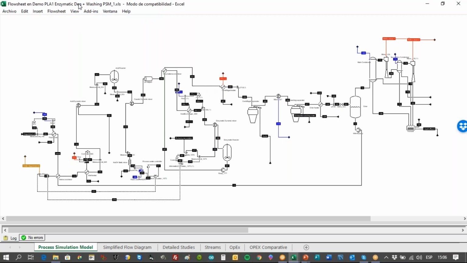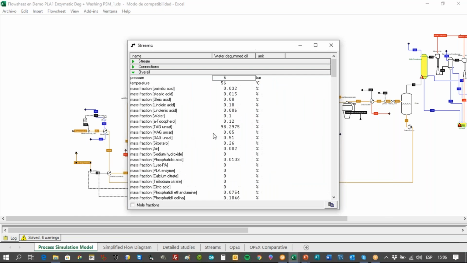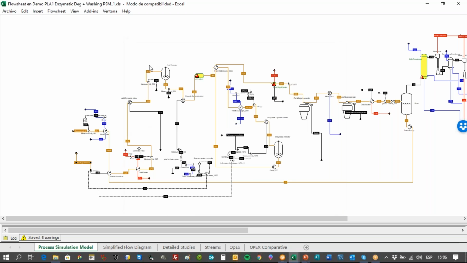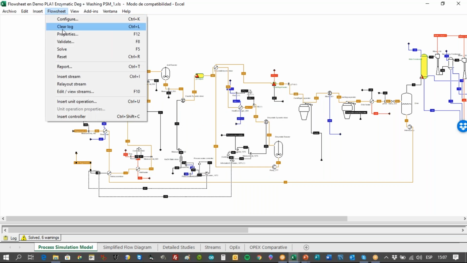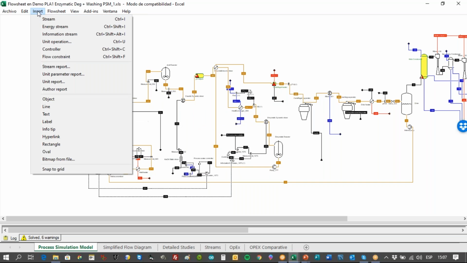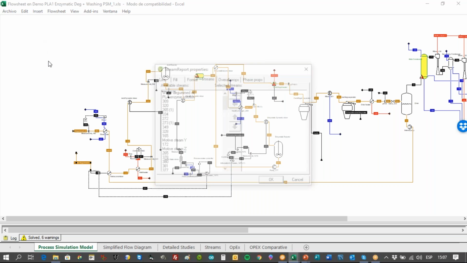I'm going to change this. I'm going to run the simulation model, and again, we have the composition of the soybean oil, in this case the water degummed oil entering the PLA1 enzymatic degumming process. I'm going to insert an external report to allow you to see the composition.